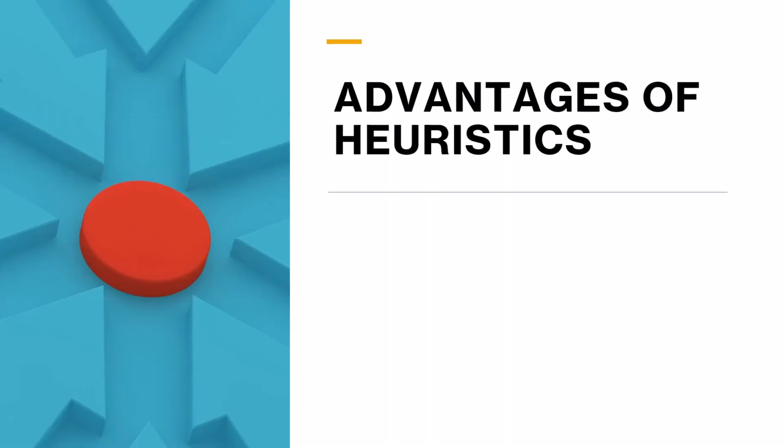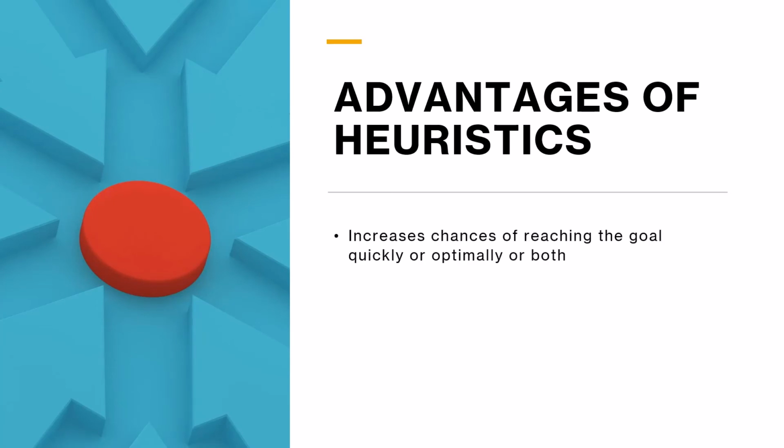But there are advantages. What are the advantages? One of the advantages is, of course, that they increase the chances of reaching the goal quickly, right, or speedily, as well as finding the optimum path to that goal. Remember, we spoke about in the last session the factors to consider when evaluating a search solution.